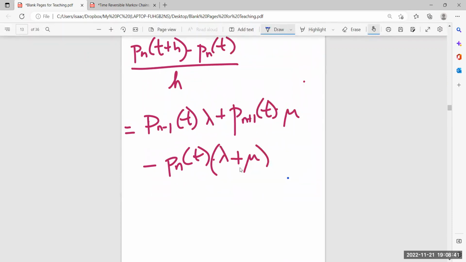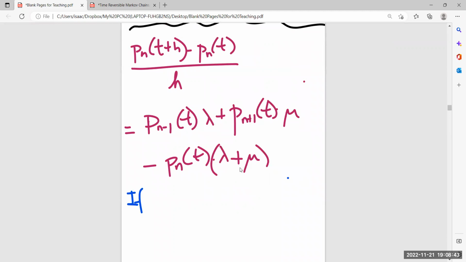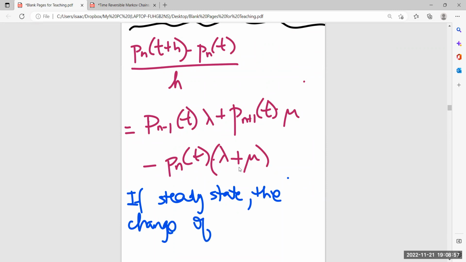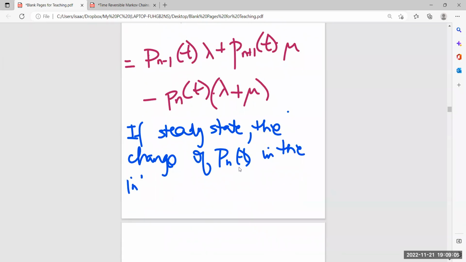Now, if we have steady state, the change of Pn(t) in the interval h will be zero.